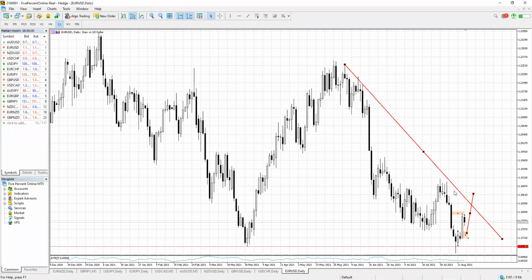In order for this down leg to become an up leg, we need to then see the retest and the continuation. Okay, so we need to form a higher low than previous one, and then continuation higher.